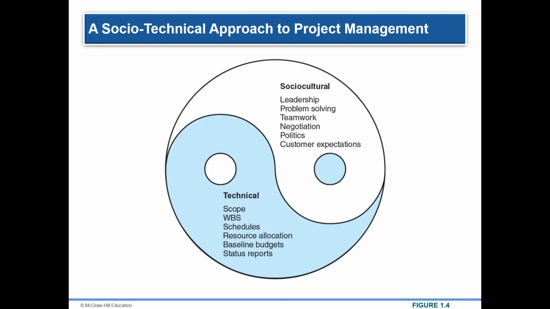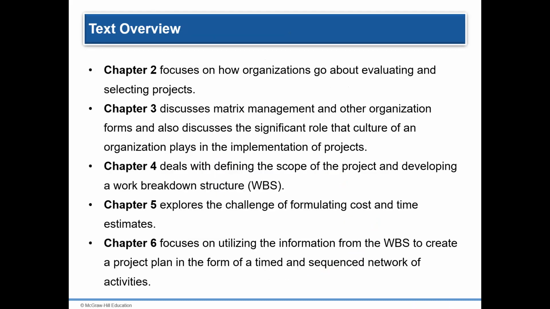So within our semester, we're going to be looking at some of these chapters together. Chapter number 2, next week, we'll focus on how a company goes about evaluating and selecting projects. Chapter number 3, we'll discuss the matrix management of the organization, how to properly understand the organizational cycle and the significant roles that a culture can have on organizing and implementing the project.